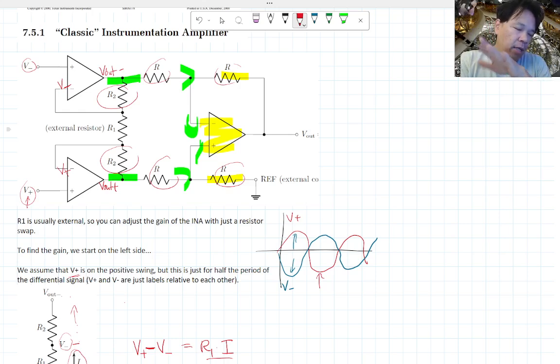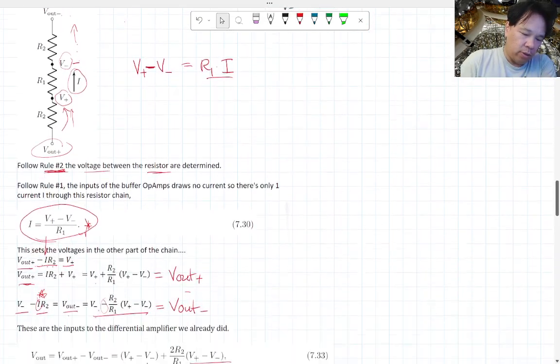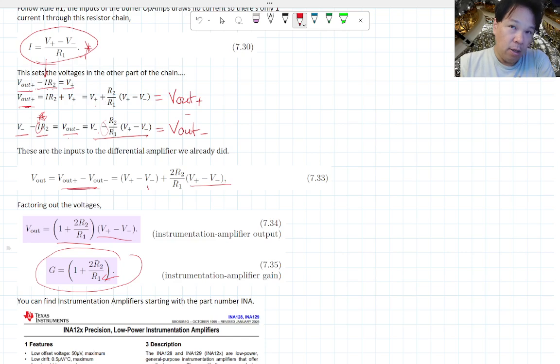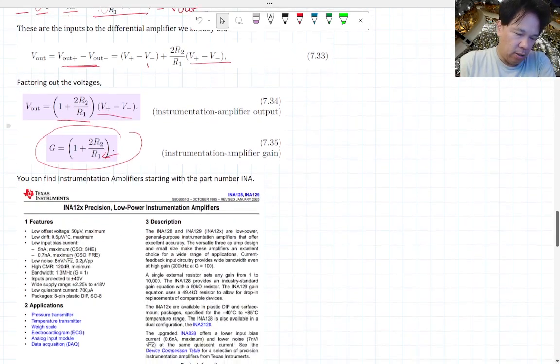These are made to have their resistances matched, and the only thing you need to do is plug in an external R1 resistor, because if you change what R1 is, you change the gain. Notice that if you completely remove R1, which makes the resistance in that wire infinite, basically you have an open circuit, and the gain will just become 1. It doesn't go to infinity or something like that.